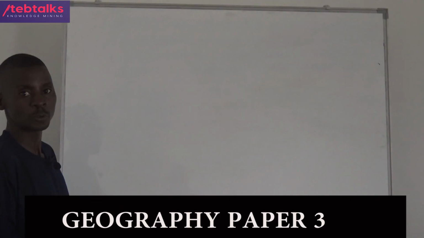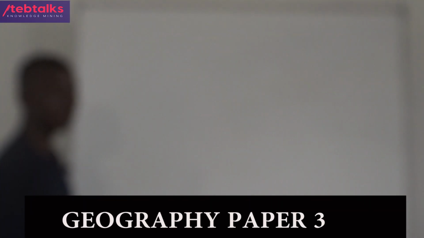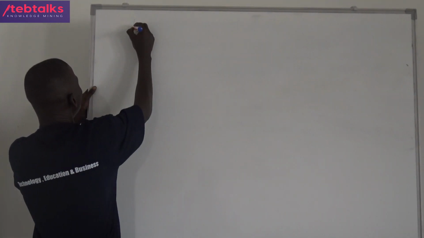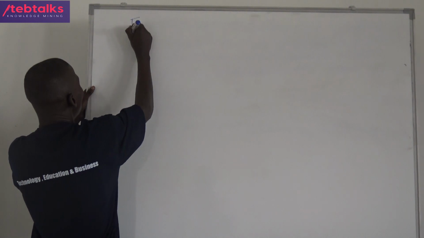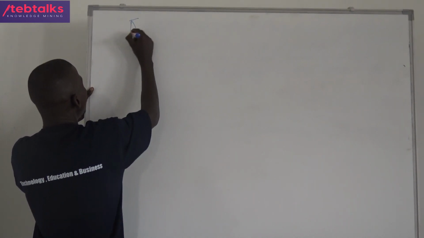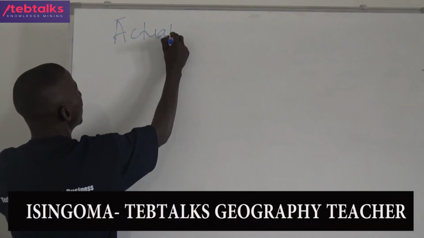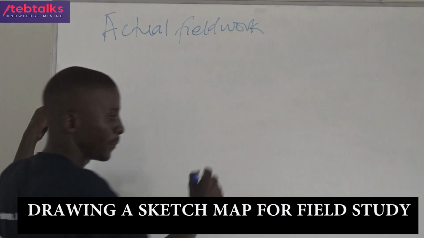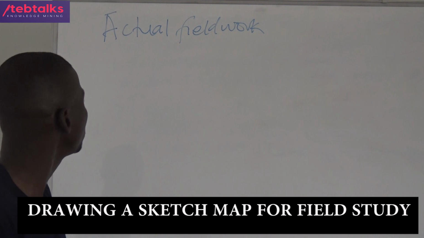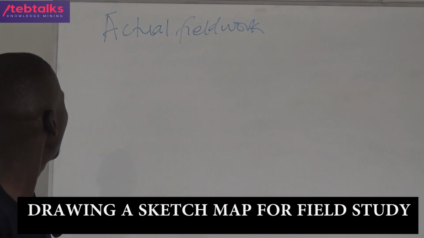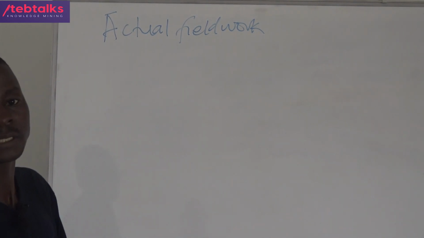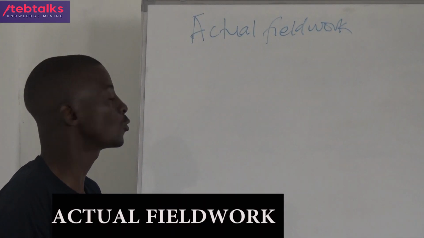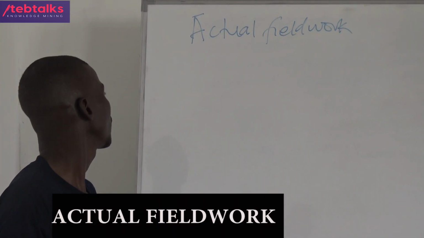As we continue with our topic of fieldwork, we are going to the second stage of fieldwork, called the fieldwork excursion, or the actual fieldwork. After preparing, you have made your topic, you have made your objectives, you have carried out the pre-field preparations, all is done, then you are set, you are ready to take the whole group for fieldwork.